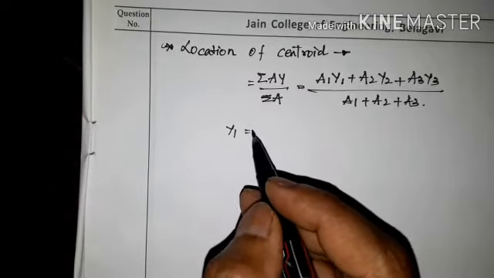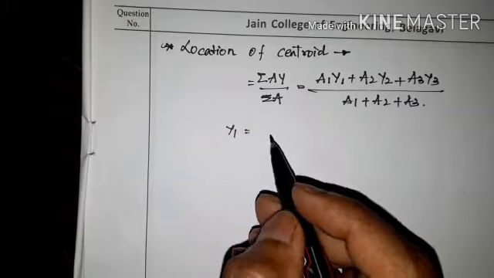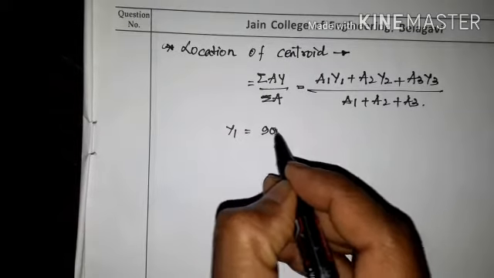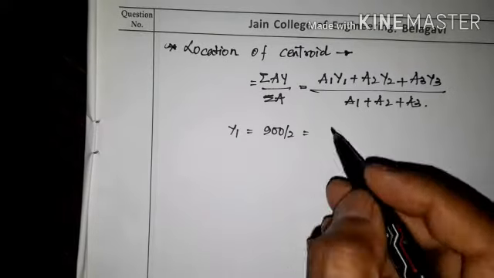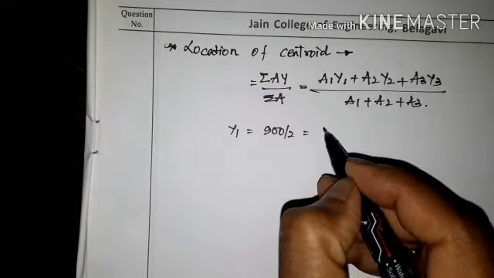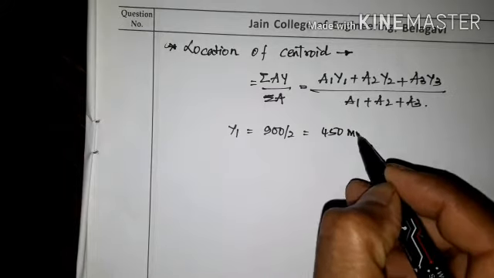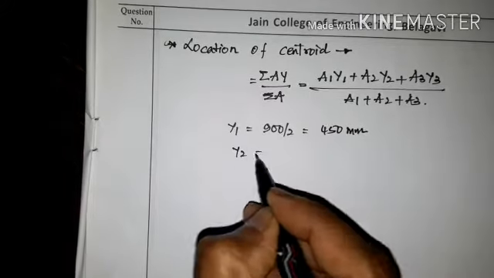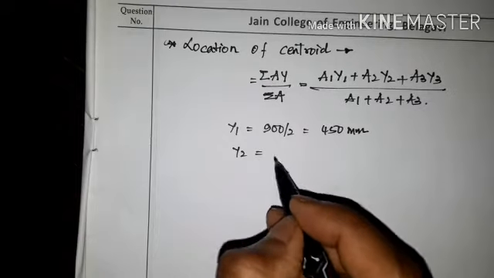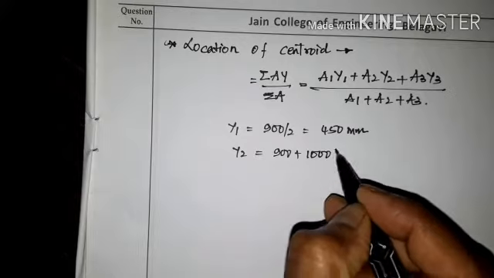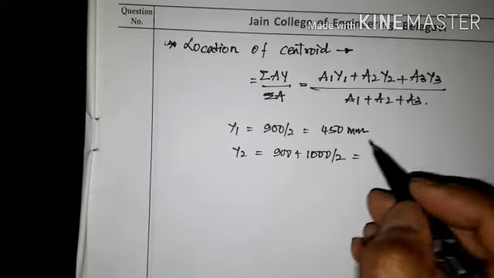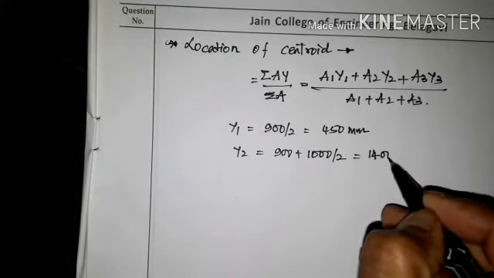So y1 for the bottom flange is 900 divided by 2 directly, because we are calculating with respect to the bottom axis, so 450 mm. y2 for the web is 900 plus 1000 divided by 2, so it is 1400 mm.